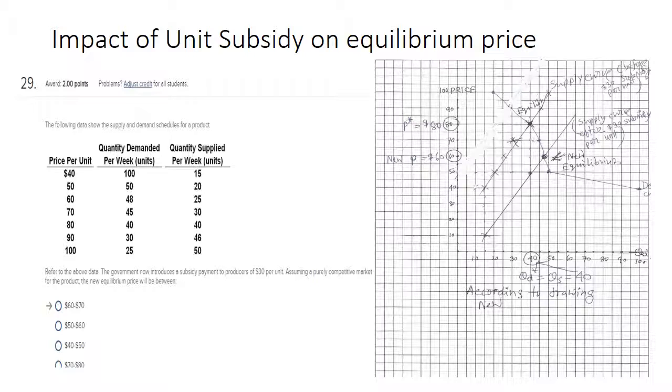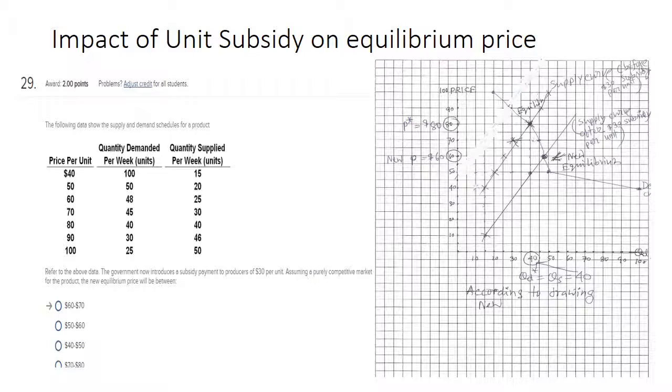So from the given data, we see that at the price of $80 per unit, the market equilibrium is achieved. That is, at $80 per unit, the quantity demanded and quantity supplied are equal. Both are 40 units.